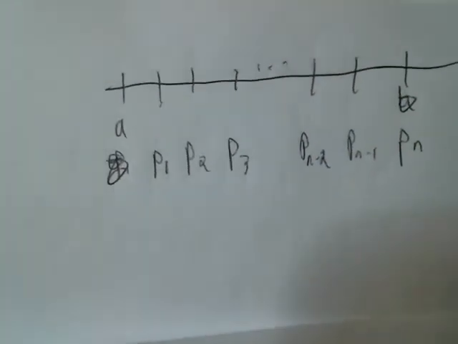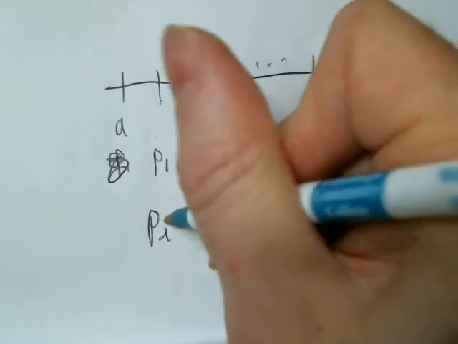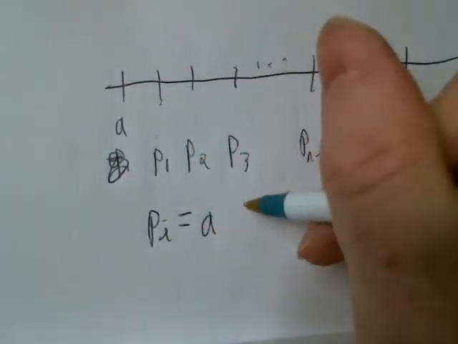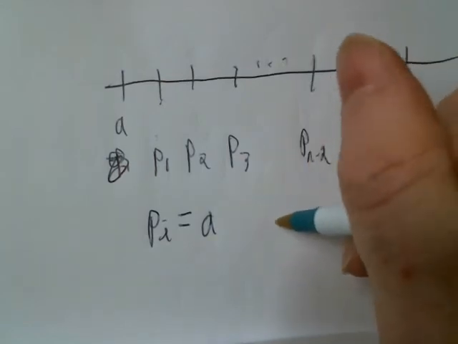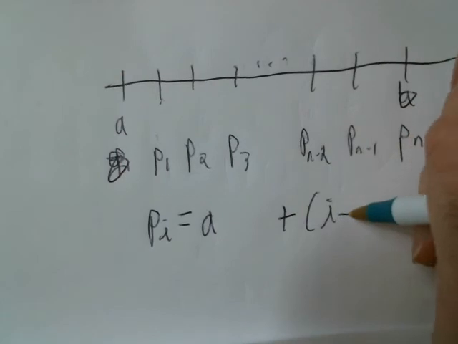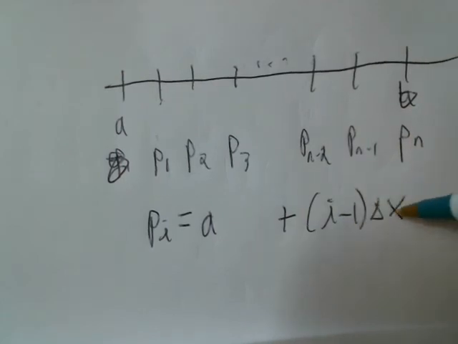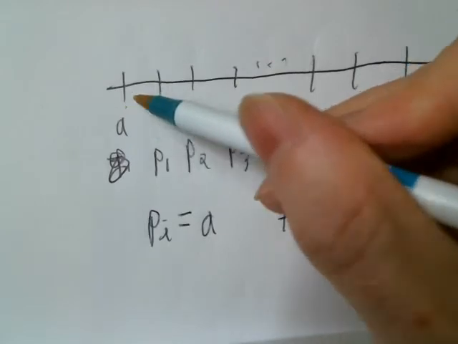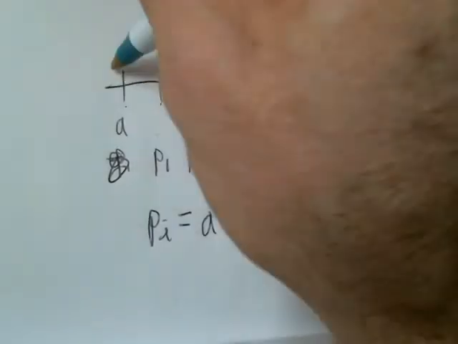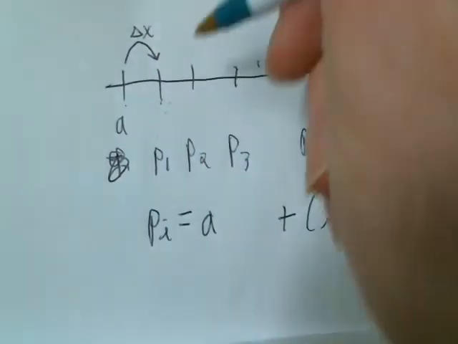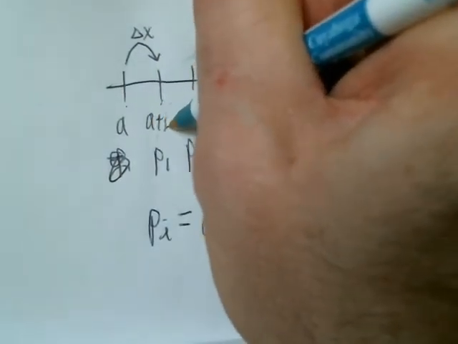All right, so let's go at it. My formula, p sub i this time, well, I'm not starting at a, right? Normally it would be a plus i minus 1 times change in x, if I'm starting here, but I'm not starting there, I'm starting here. So where is that? Well, that's move a over by change in x. That point there is a plus change in x.